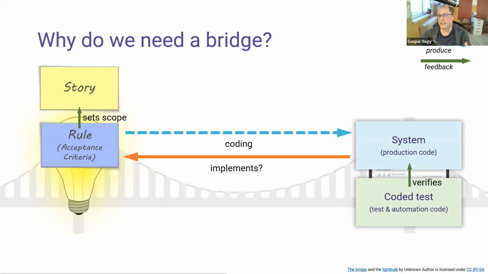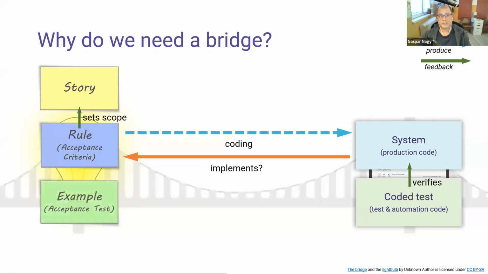But since this is a coded test, in C# or some testing tool, it's also sitting on the solution side, and even if you would show that unit test to your business, probably they would not be able to say whether this test is correct or not correct, because it's in some sort of cryptic form, at least from their point of view. So unfortunately, this is making a little bit of imbalance in this bridge metaphor.